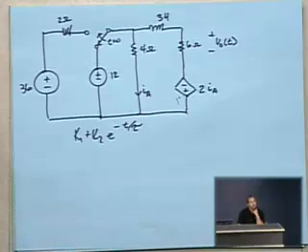Isn't IA a current though? It is, but this is a current dependent voltage source. I don't see how you're getting voltage. I think in general we don't always like to see things like that.